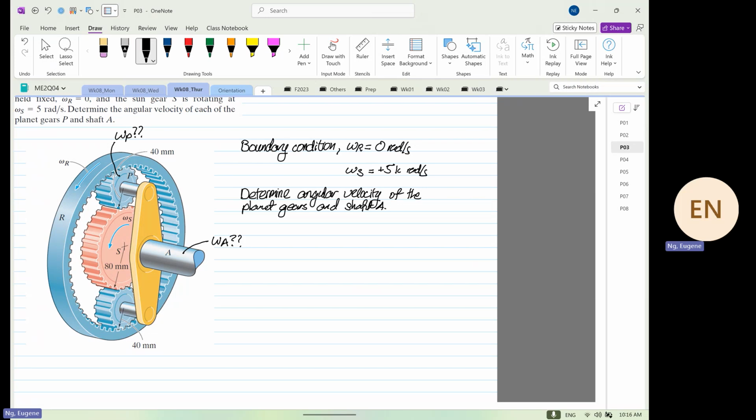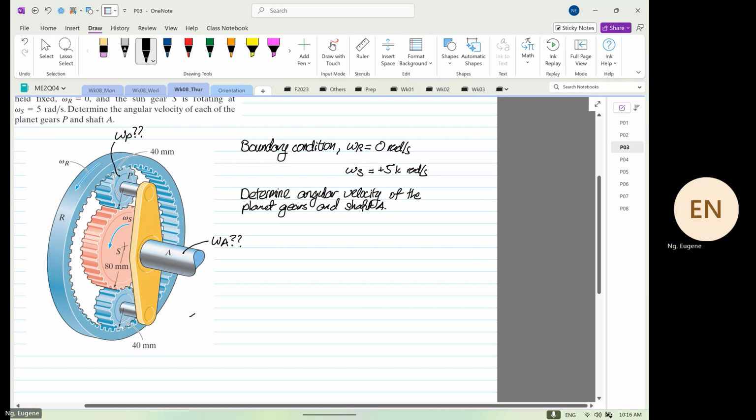So we declare over here X, Y, and Z. Okay, and this is basically using our right hand rule, right? So this is our I direction, J direction, and K direction.